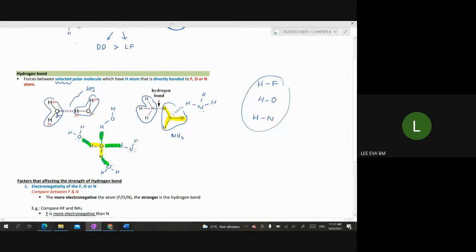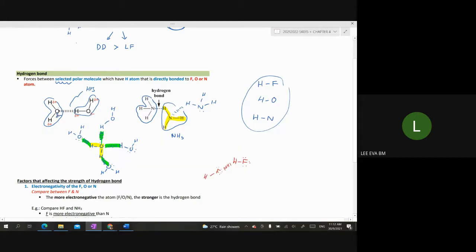Okay, I show you one more example where we have the HF. If you remember the Lewis structure for HF, our hydrogen fluoride, there are three lone pairs on our HF, but only one hydrogen atom. So that means the hydrogen atom is going to form the hydrogen bond with the fluorine of another molecule.